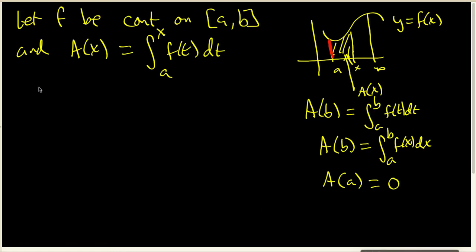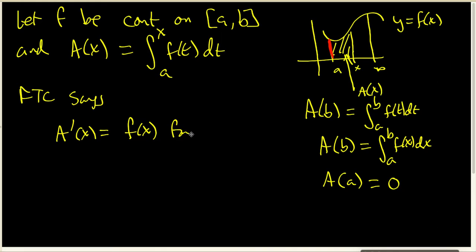There's another thing to keep in mind. The fundamental theorem of calculus says that A prime of x is little f of x for all the x's inside the interval in which I've defined the area accumulation function, so certainly in the open interval.